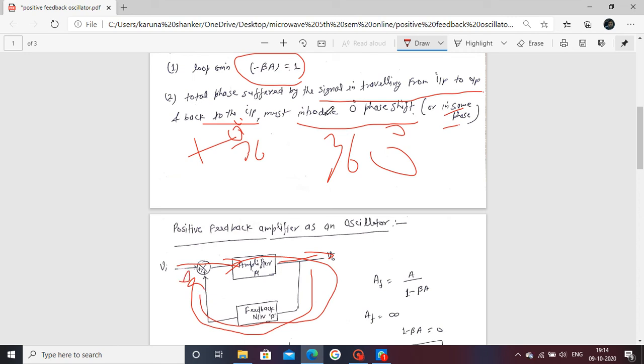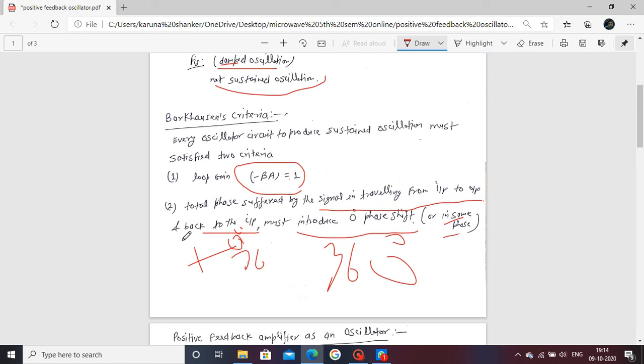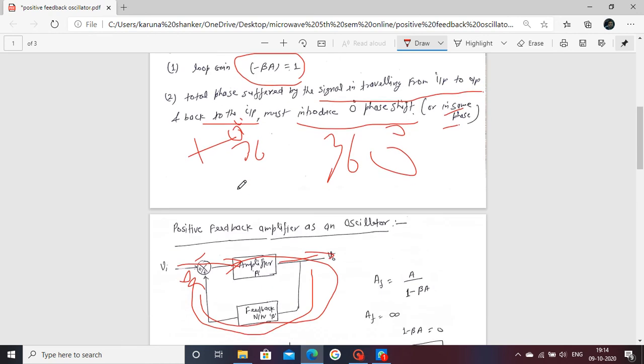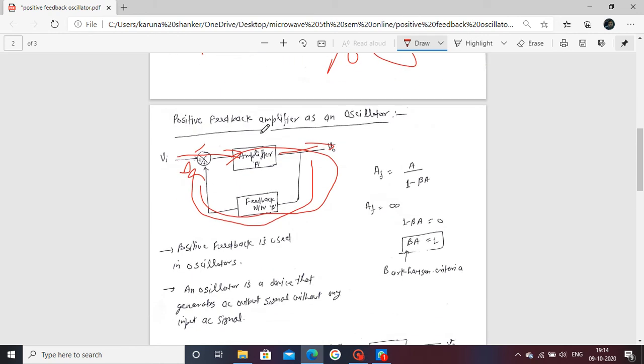The input is in the same phase as the feedback signal, and then a proper sustained oscillation is produced by your oscillator. This is your second point. The overall conclusion is that the first and second points must hold for an oscillator circuit to produce a sustained oscillation.